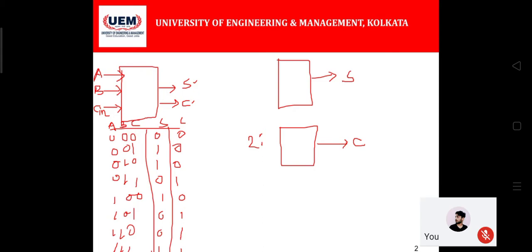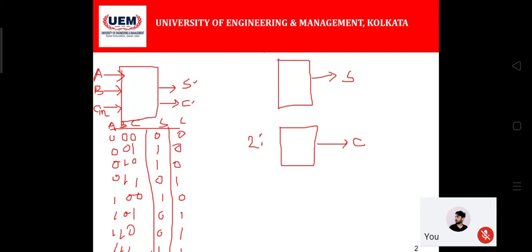So if these two are the multiplexers, how can we believe that these two will be working like a full adder? How can someone believe that this is not a multiplexer but rather a full adder? Someone can believe it if he finds that the behavior of the outputs exactly matches the input of a full adder circuit.